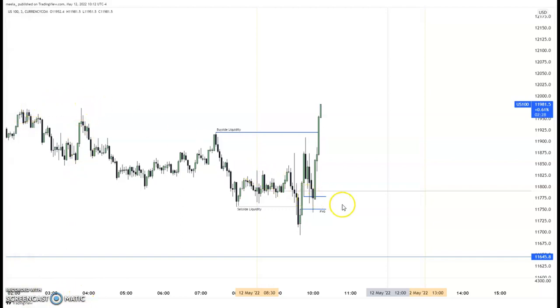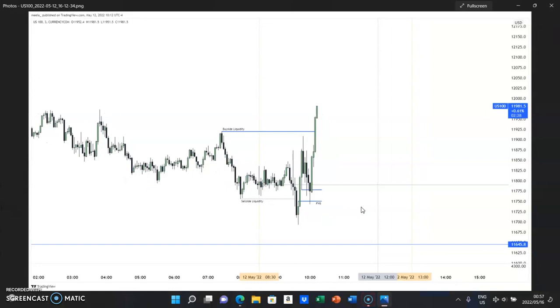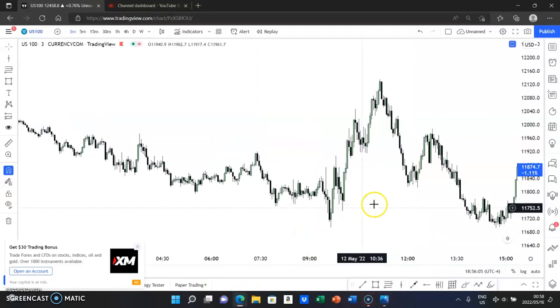So that was a lovely trade, straight, simple, straight to the point, no long stories. Let's just head down to TradingView just to show you guys.